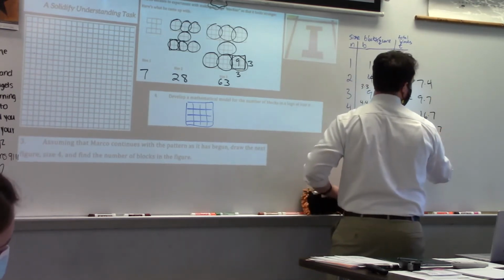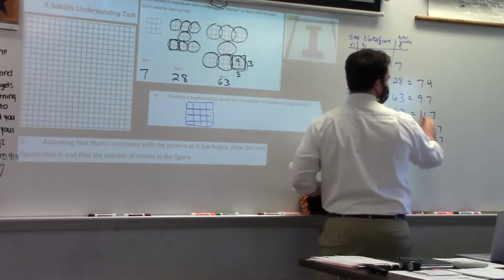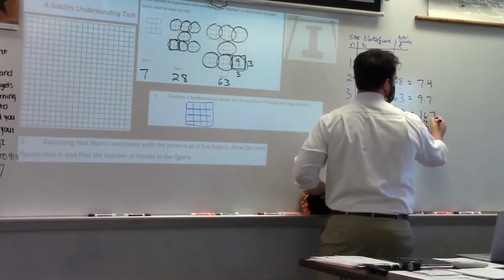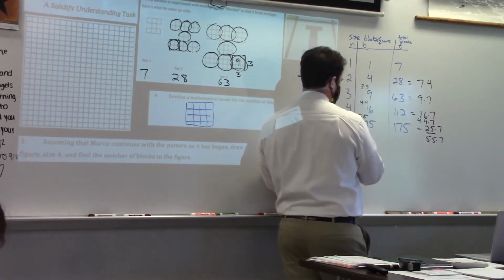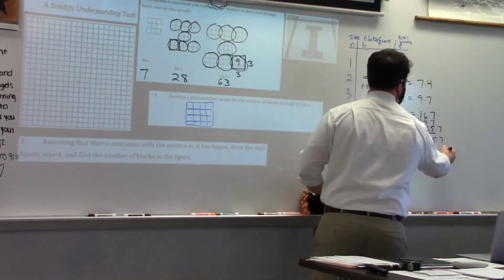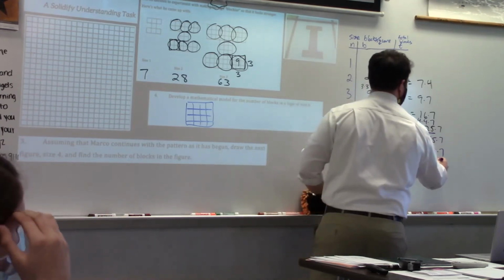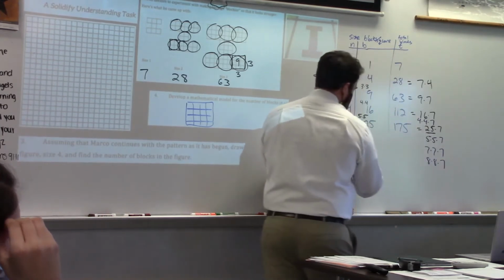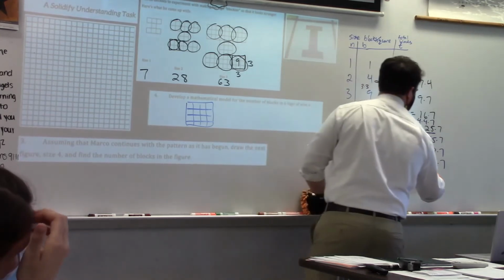So notice this could be 5 times 5 times 7, right? This 16 could be 4 times 4 times 7. Notice how that's based on the size here? So just making a prediction, if it was size 7, 7 times 7 times 7, because there'd be 7 of those. And then if it was 8, it would be 8 times 8 times 7. So if we get all the way down to an input of n, it would be n times n times 7.